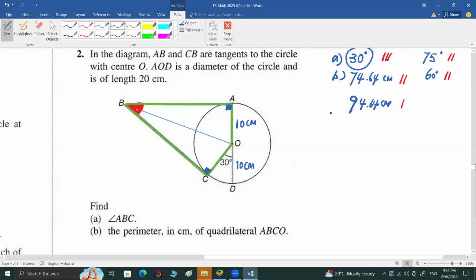Okay, class? Look at this. All of you ready? Now can you see here 30? If here 30 means 150, right? One straight line will make 180, right? If here 30, this is not outside the triangle or tangent.